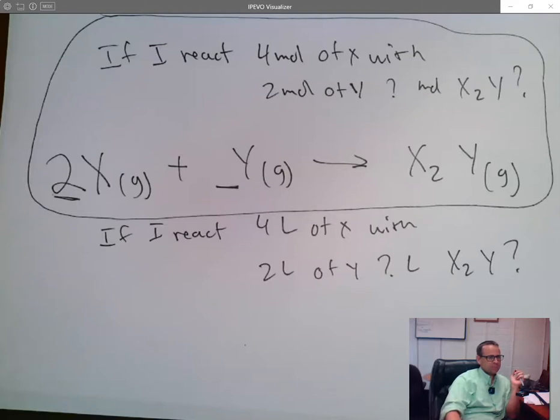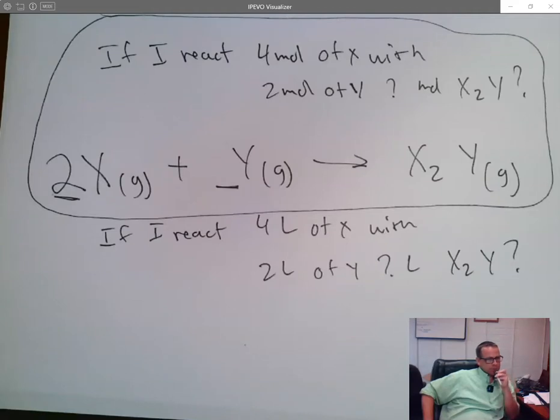Why don't you tell us? Okay, so what does that mean, Harry? When they're in the gaseous state, then what? So Harry says when they're in the gaseous state.